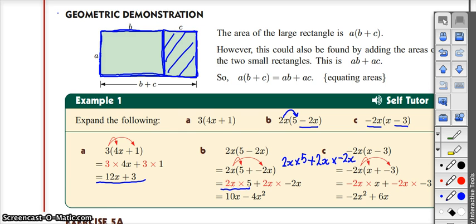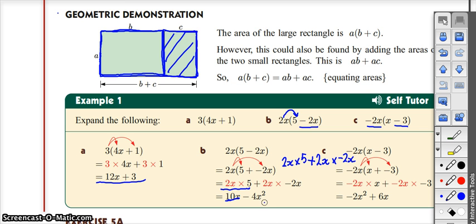Because these come in handy now. 2x times 5x, well 2 times 5 is 10x. So we've got that sorted, 10x. And then this one is a positive and a negative, must become a negative. 2 times 2 is 4. x times x is x squared.